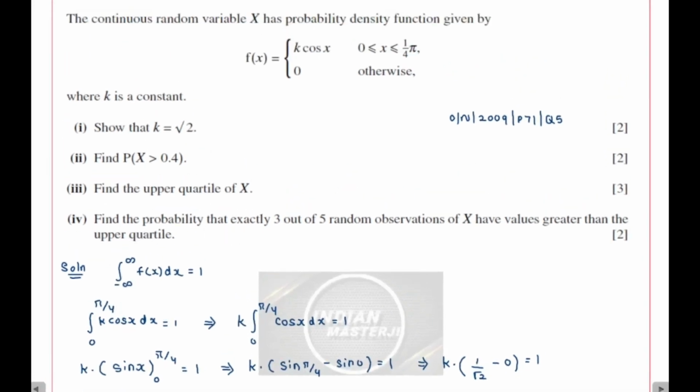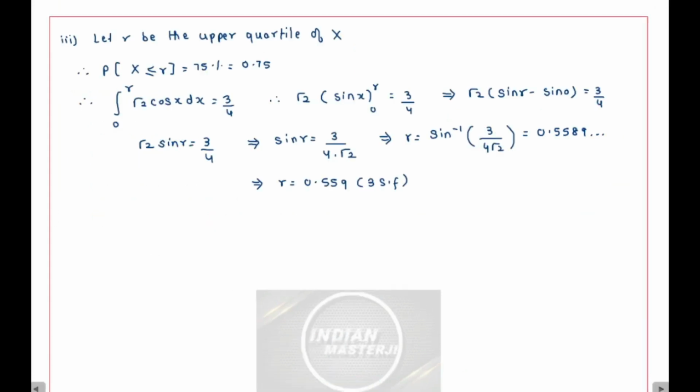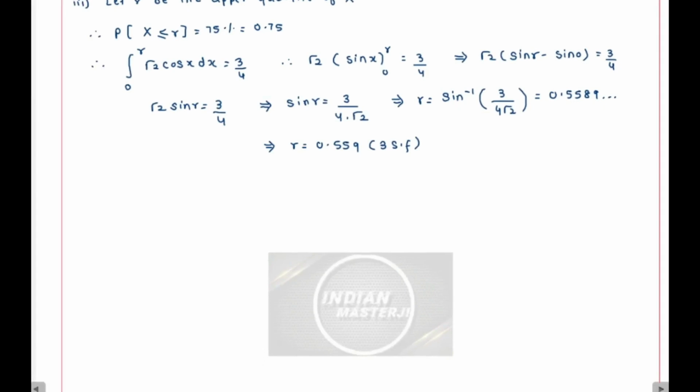Find the probability that exactly 3 out of 5 random observations of x have values greater than the upper quartile. Now, if x is less than the upper quartile, then what do we know? Let me write it with a different color here.